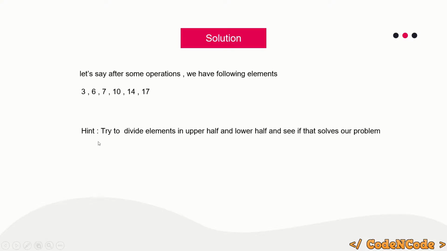What you can try to do is divide the elements into an upper and a lower half, and try to see if you are able to solve this problem. After that, try to figure out how this can help you solve the problem, because that is exactly what we are going to do. Using this same approach, we are going to solve this problem.